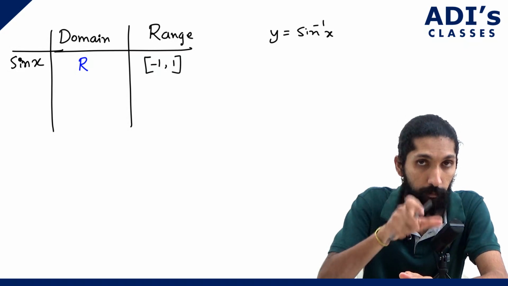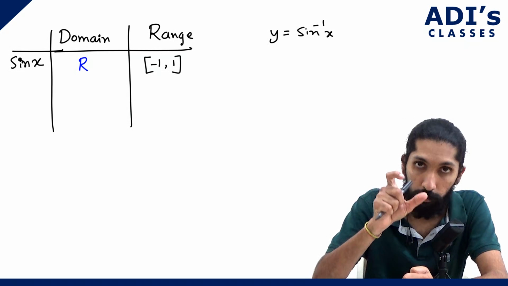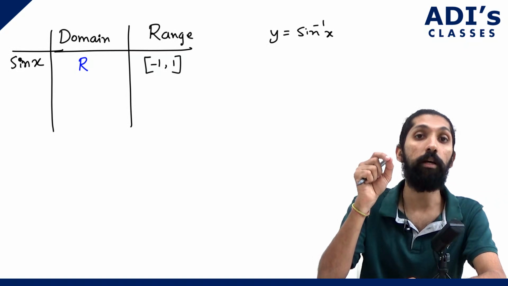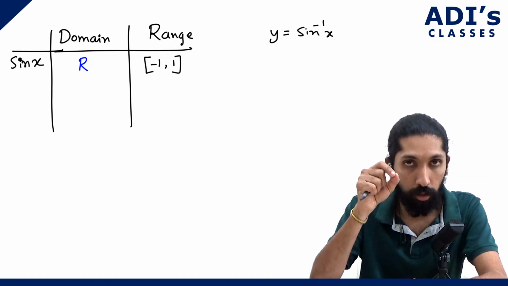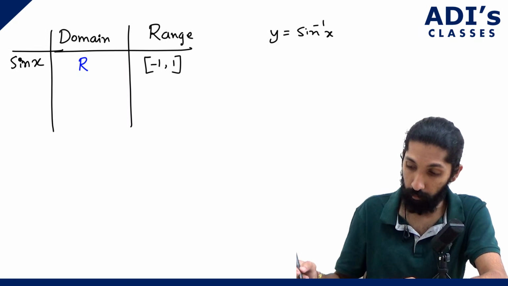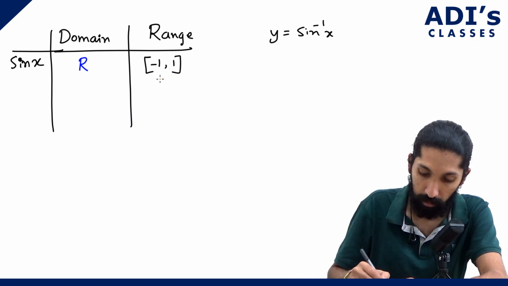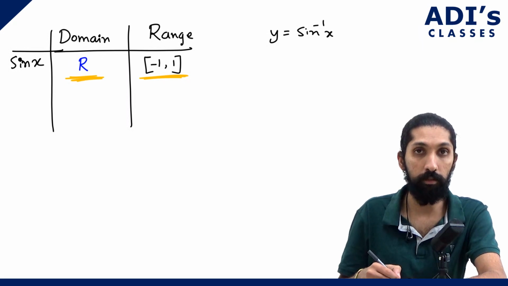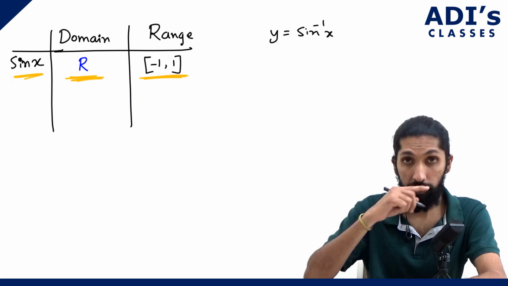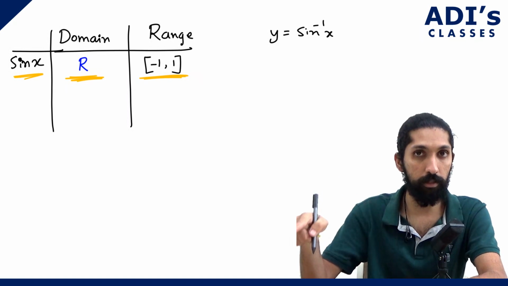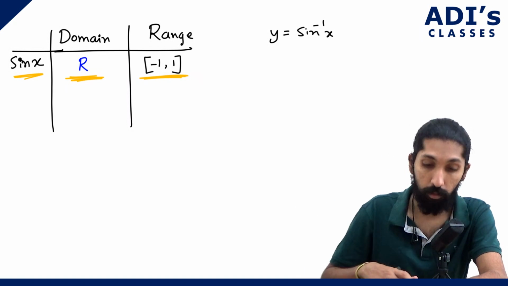The domain of a function is the range of the inverse function, and the range of a function is the domain of the inverse function. Here, for sin x, the range is -1 to 1 and the domain is the set of real numbers. For sine inverse x, my domain is going to become -1 to 1 and the range is going to be a different value.